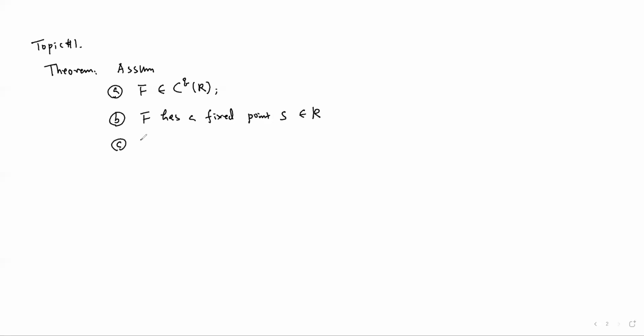C, at this fixed point S, we have the derivative of capital F at S equal to the second derivative at S, and so on, and the derivative of order Q minus 1 at S, are zeros.